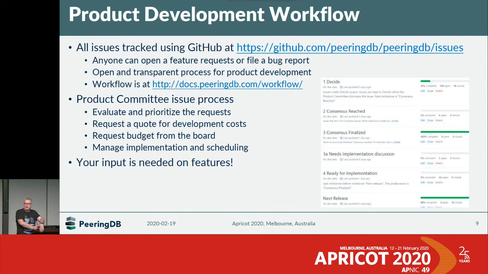So I already mentioned the product development, and I will talk a little bit in detail about how this product development workflow works. All issues are tracked in GitHub. So either if you want to file a bug report or have an issue, you open a feature request in GitHub, and then we have several stages, which are called.